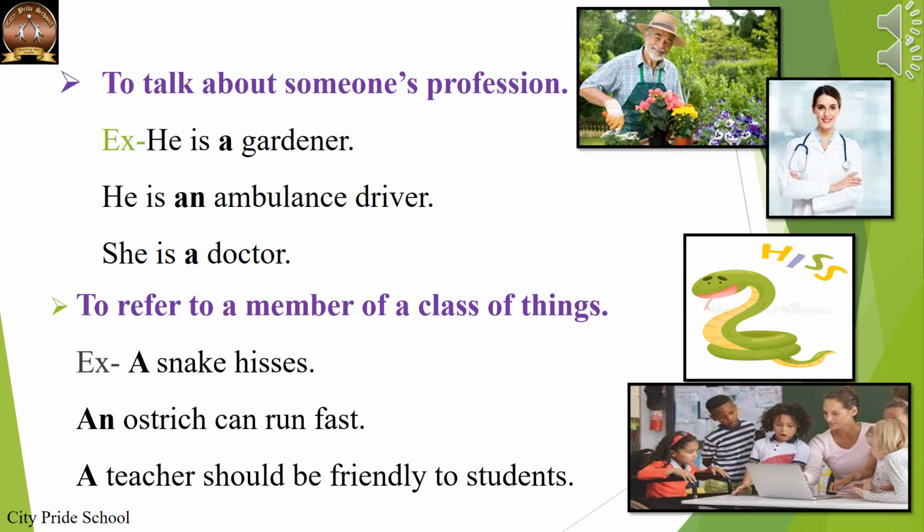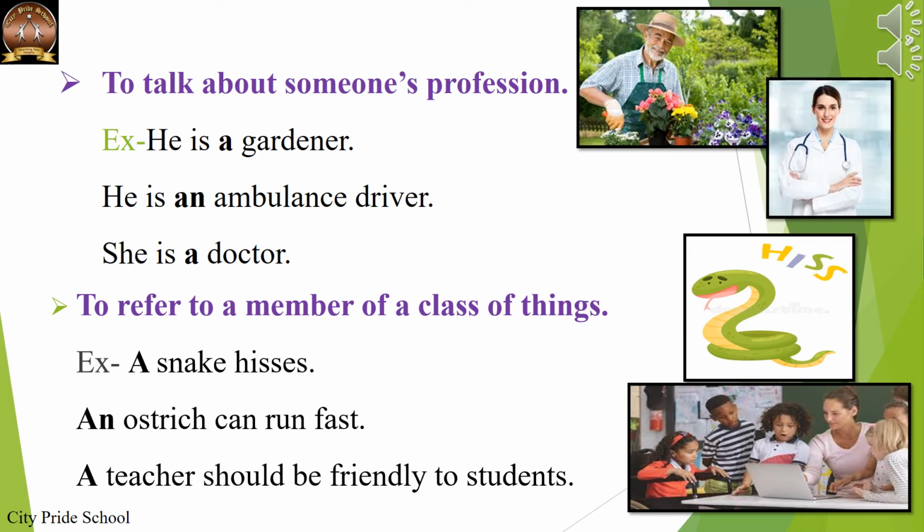Rule 4. To refer to a member of a class of things, we use a and an before it. For example, a snake hisses. So when we talk about all the snakes, we mean a class of things. In this sentence, a snake represents the entire group of snakes.